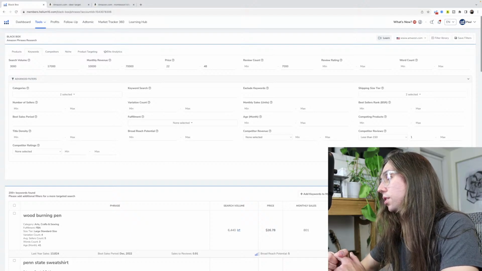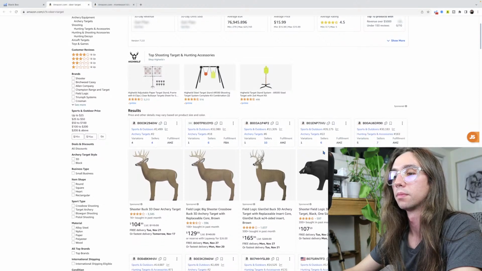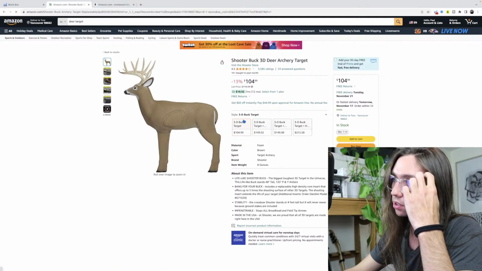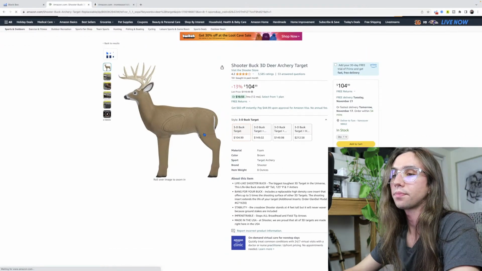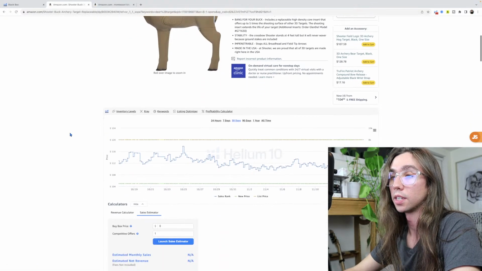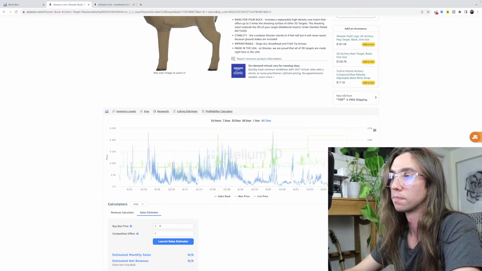The deer target's very seasonal. Is it? Let's see. I would imagine archers want to practice in the off season too. Deer hunting is definitely seasonal. Yeah, doesn't look very seasonal.